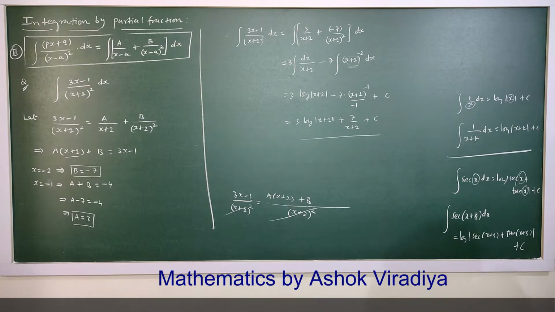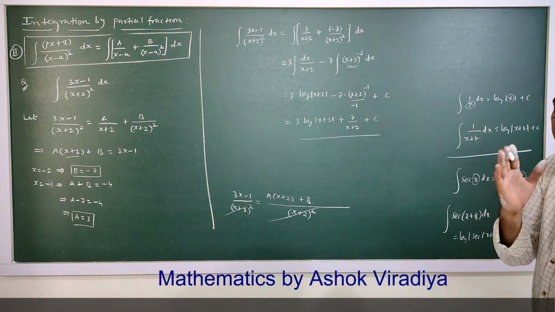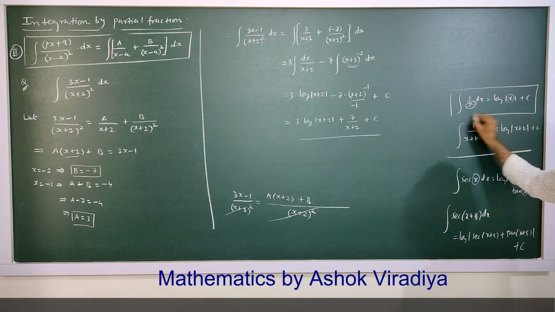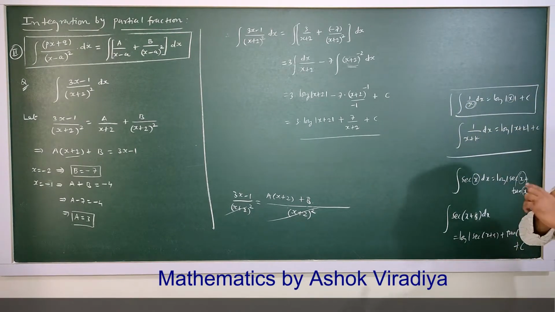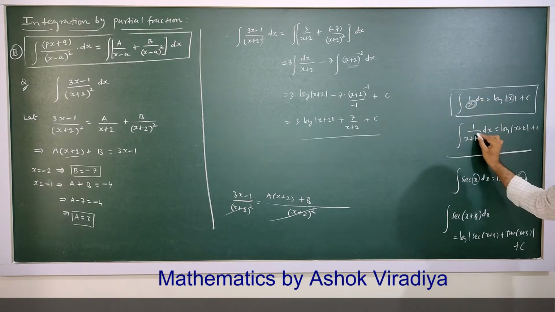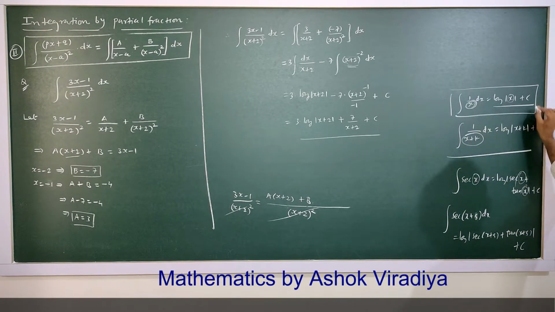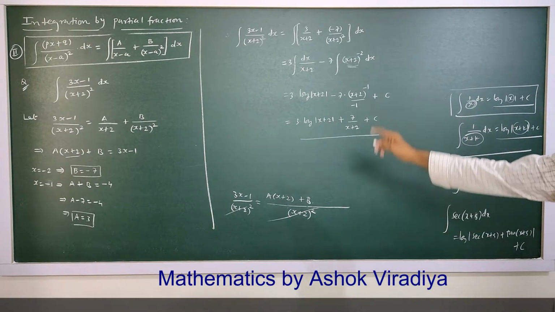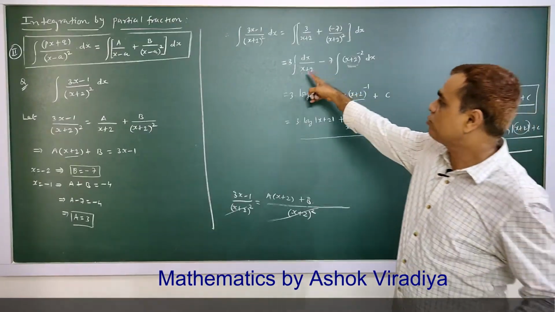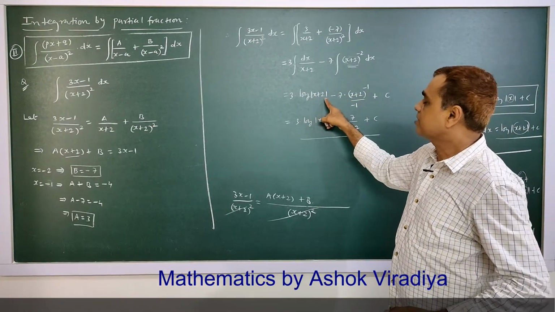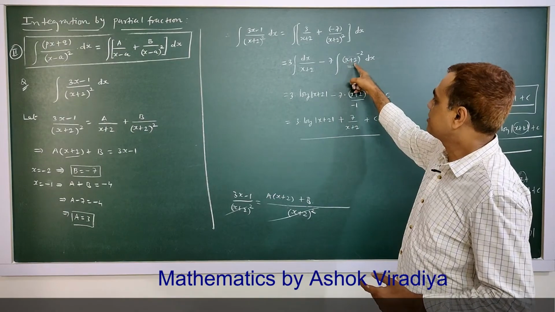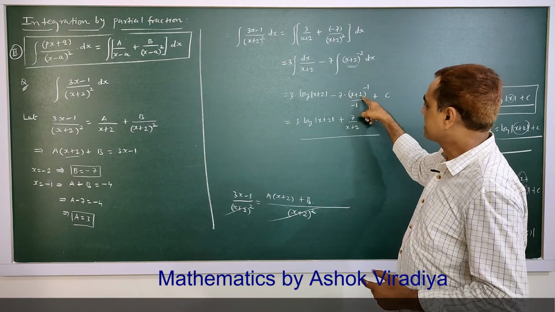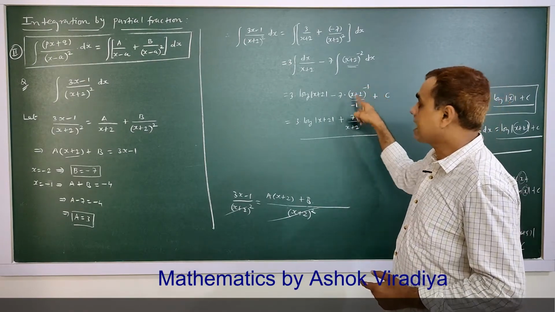So remember, in the list of formulas, in every formula x is taken as the variable. If you replace x by x plus k, the pattern of the integral remains as it is. So here the integral of 1 upon x plus k is log mod x plus k. The integral of x plus k raised to n is x plus k raised to n plus 1 upon n plus 1.